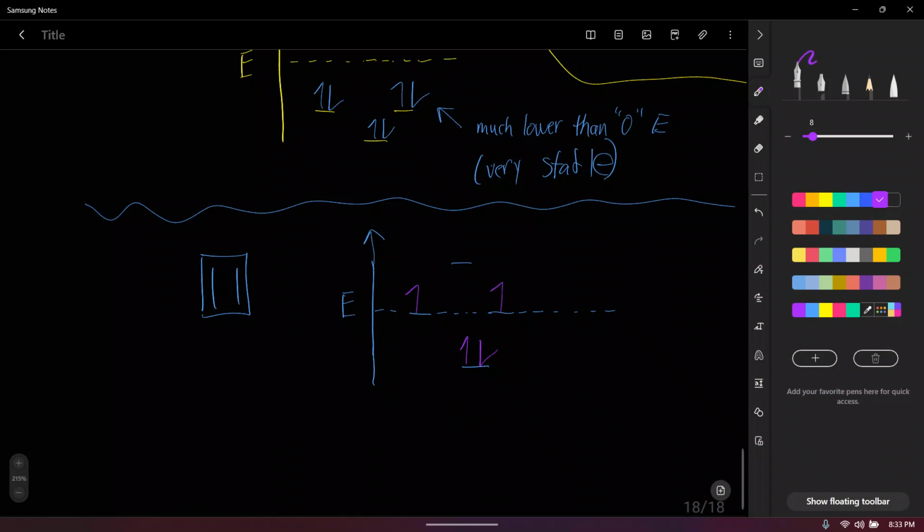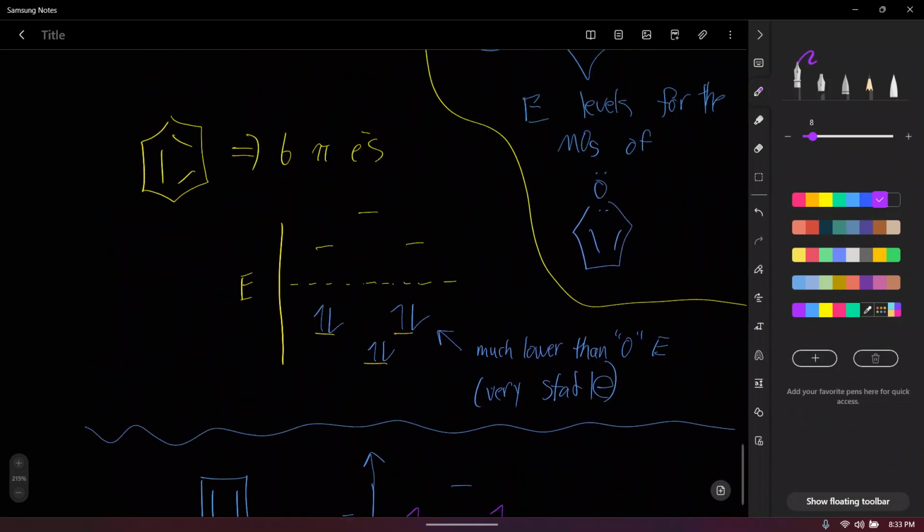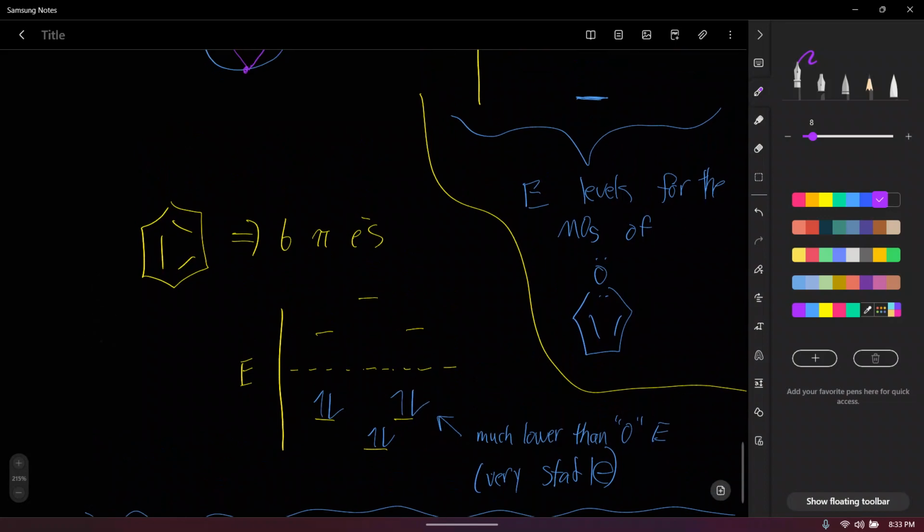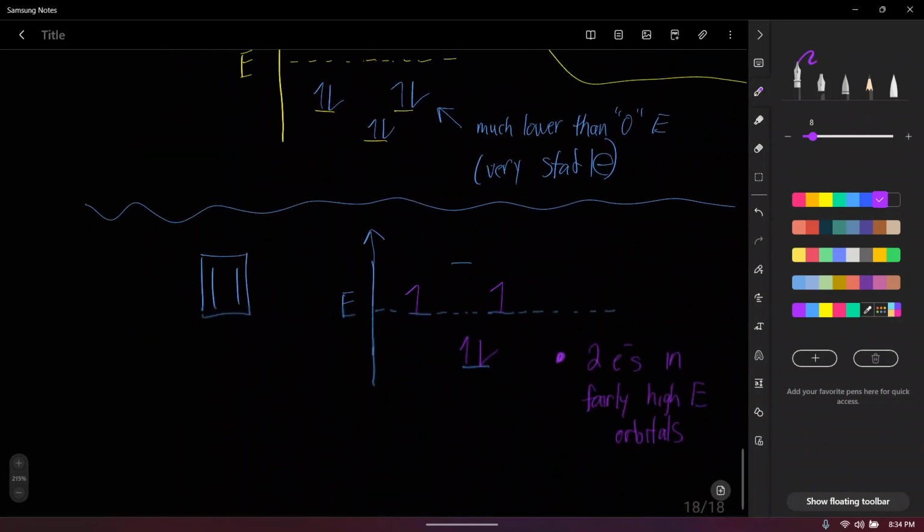And this is bad for 2 reasons. One, in benzene every single one of the electrons was in an orbital lower than the 0 energy line. But now, literally half of my electrons are in orbitals that are on that energy line. So it's higher energy anyway.